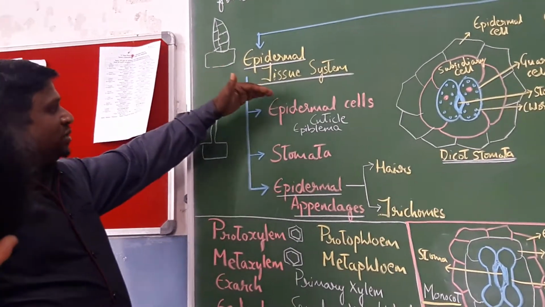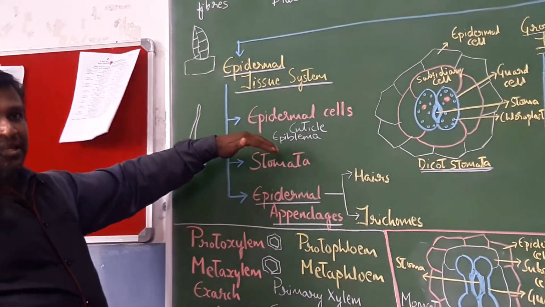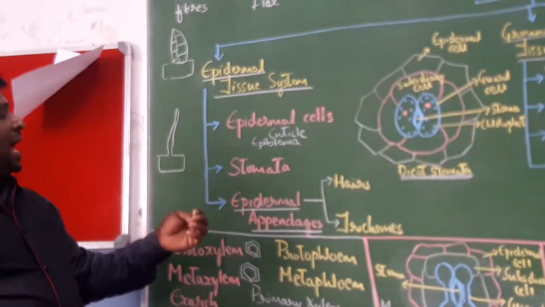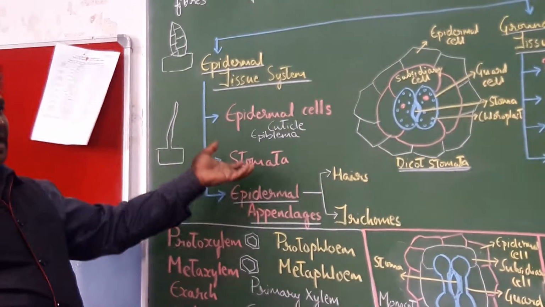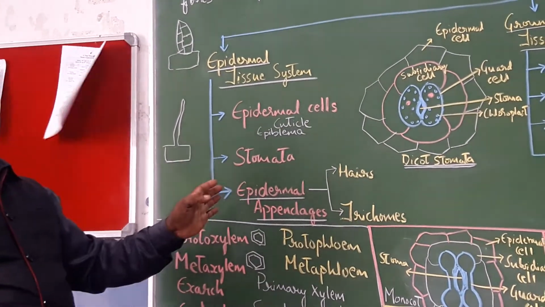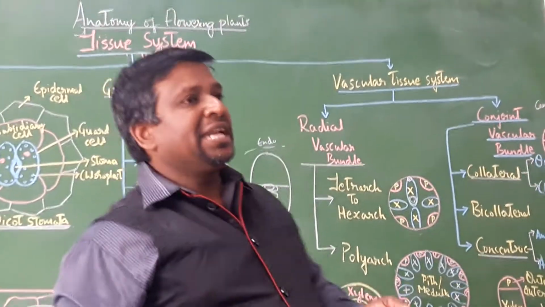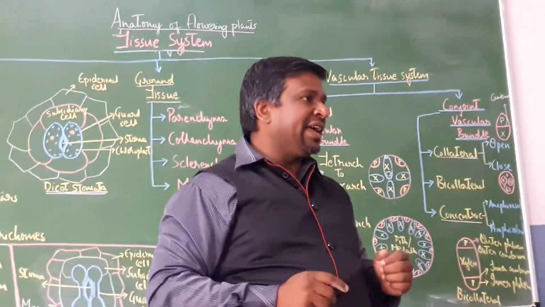In the epidermal tissue system, we have the epidermal cells. Epidermal cells are the outermost layer, and within them they have the stomata and epidermal appendages, which we will discuss later on. Epidermis is usually a single layer, but there are certain cases where it might be more than one layer.